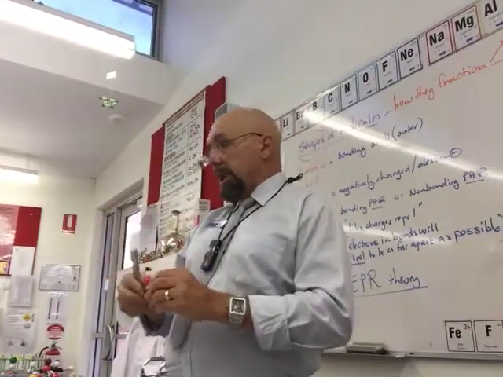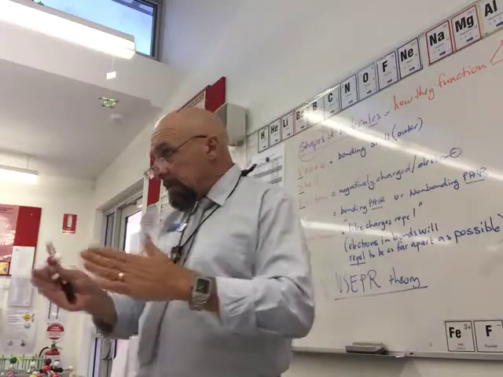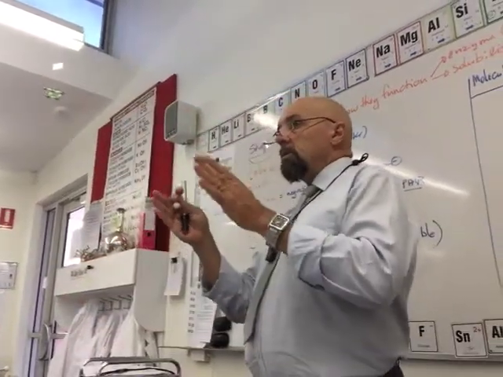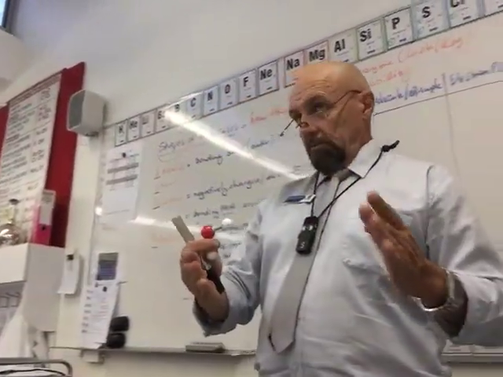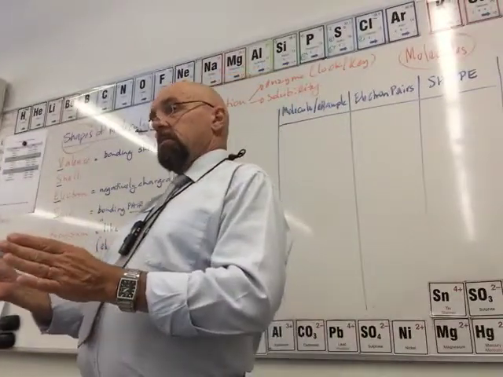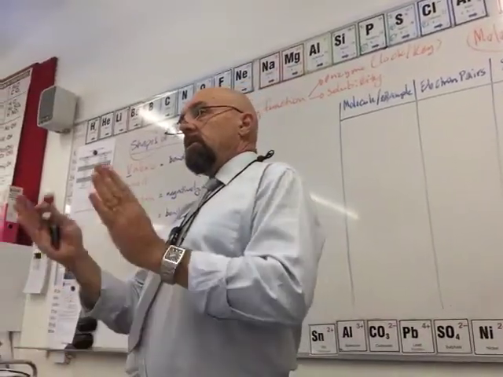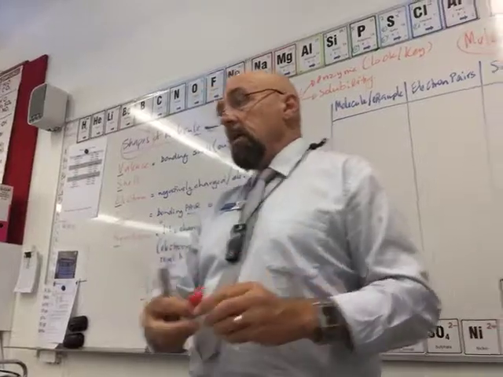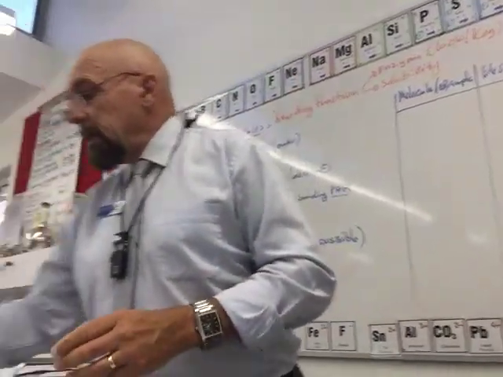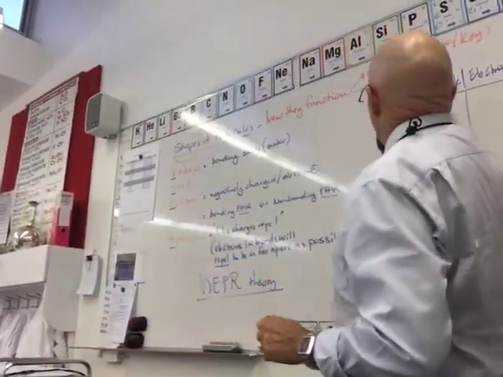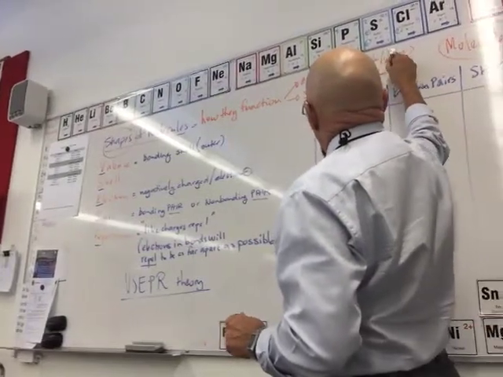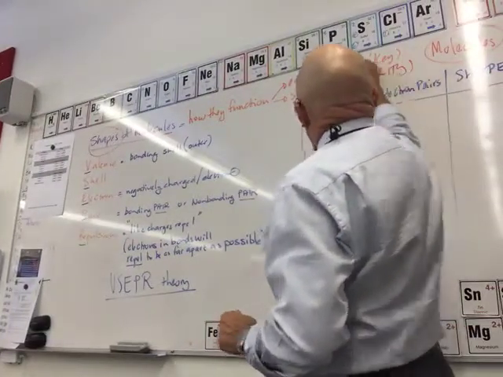So when we look at shapes of molecules, the next step on is we're going to look at how the molecules interact. And that means we need to understand shape, because shape affects something that you're not even aware of yet, but shape affects what we call polarity of a molecule. Polar.